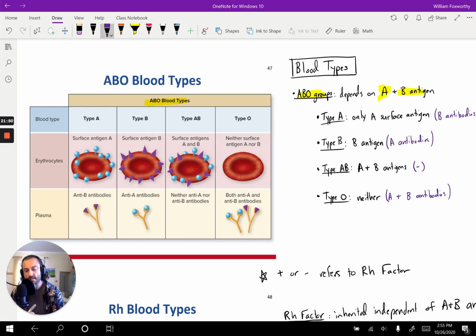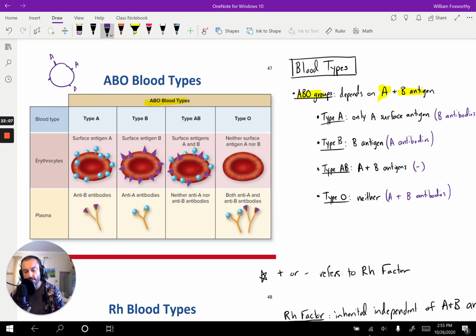And an antigen is just any molecule which can be recognized by an antibody, and usually, but not always, they sit on the surface of a cell, and in this case they do sit on the surface.